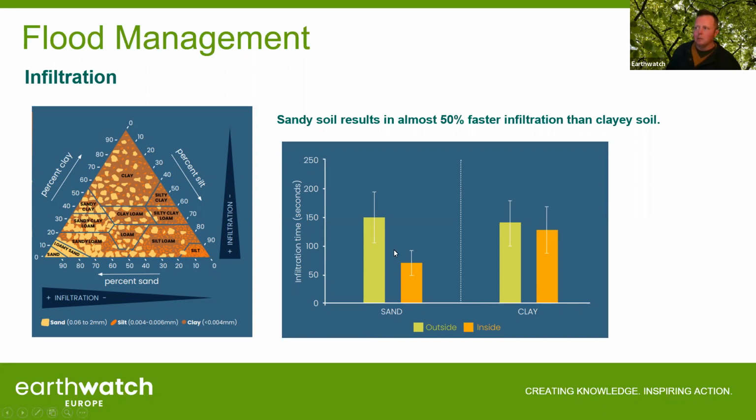It gets faster because we've improved the condition of the soil in the preparation, whereas in the clay soils there's less of a difference at this early stage between inside and outside the forest. But in sandy soils you get up to almost 50% faster infiltration, inside and outside, before and after. So this is all going to help us understand more about how it improves over time.